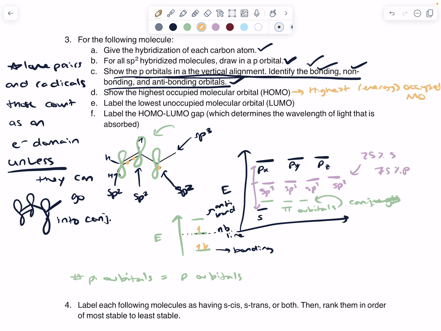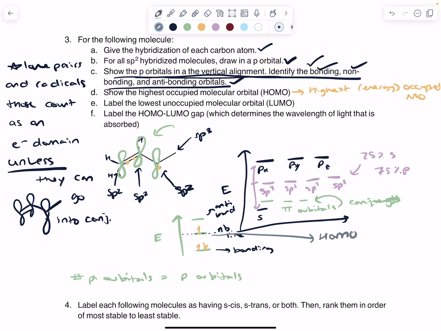So highest energy means if we're looking at this graph, as the energy goes up, our energy is increasing as we go up. So the highest energy is this one that has electrons in it. That's what we mean by occupied. So this right here would be the HOMO.